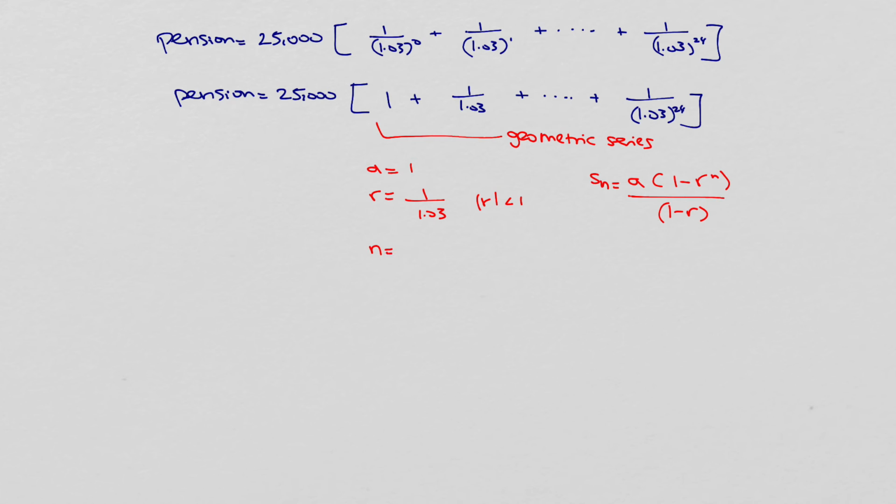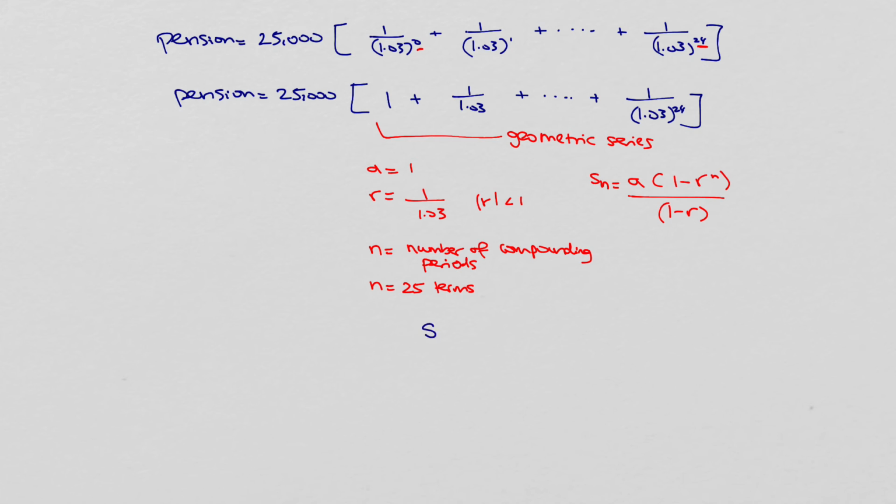And n is the compounding periods, which is 25. In other words, there's going to be 25 terms. So again, we started at 0, hence we ended at 24, but that still gives us 25 terms. If I started at 1, then I'd end at the power of 25.